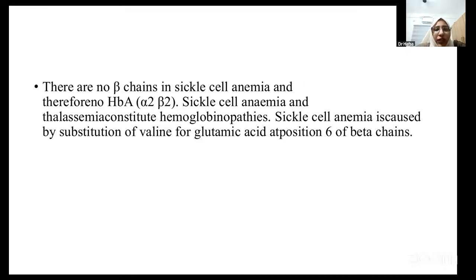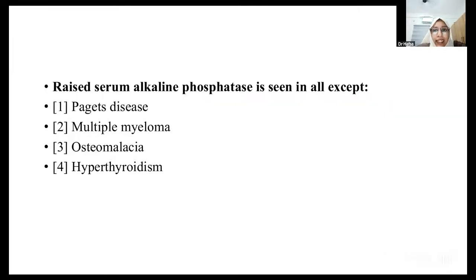Next we go for raised serum alkaline phosphatase. This is also a very important section, and I put this question to make you understand. In previous sections also I have put except questions so as not to cause confusion while practicing. Except questions are frequently asked.